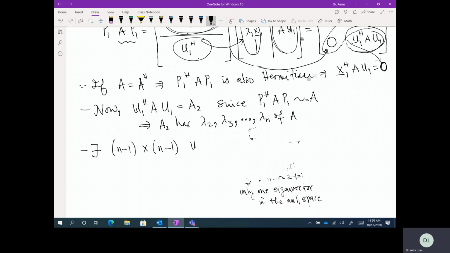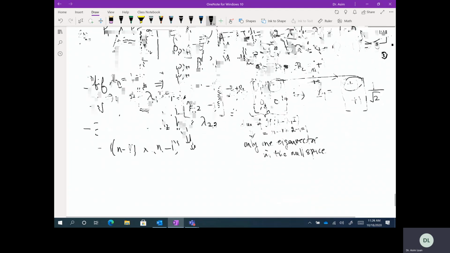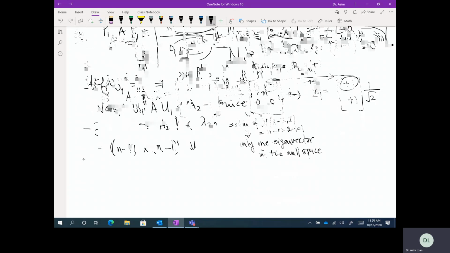Okay, so this implies x1 equals, this is a free variable, goes on this side, comes plus 1, and I can always normalize it, and I can say this is plus 1 over root 2. So this minus 1 goes over here, negative of this one, so this is 1 over root 2. Okay, so if this is x1, I want a matrix U. So what is U?